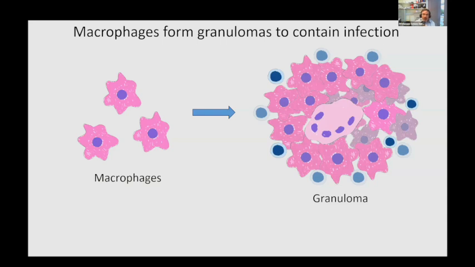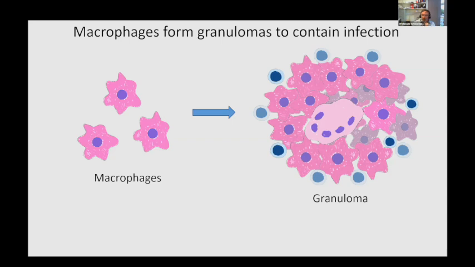And a classic example would be TB, tuberculosis. So macrophages coming together to form these granulomas is a normal and important process in response to certain infections. And you can imagine that if there's a bug that can't be digested and killed, that actually containing it within this granuloma, as happens in TB, is an important way of containing that infection.